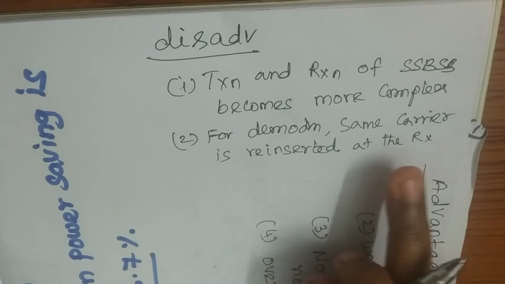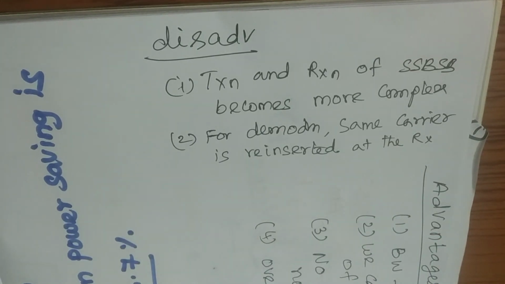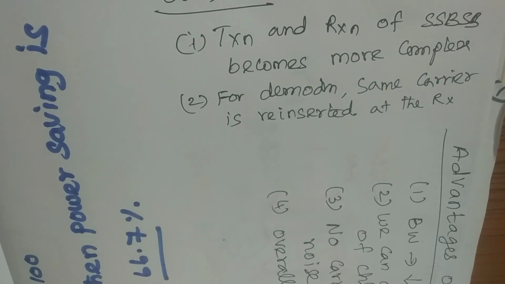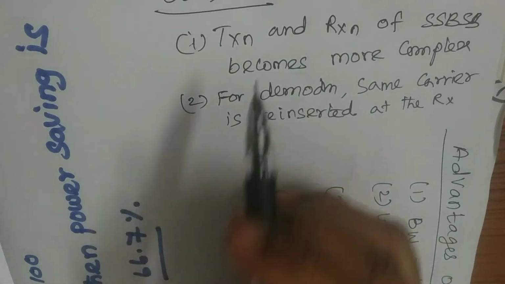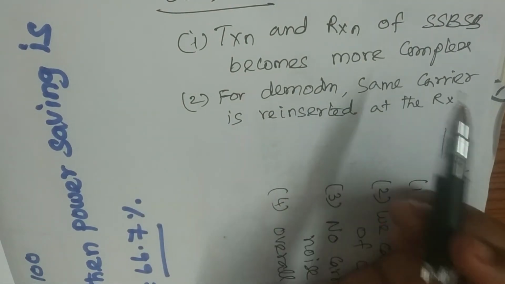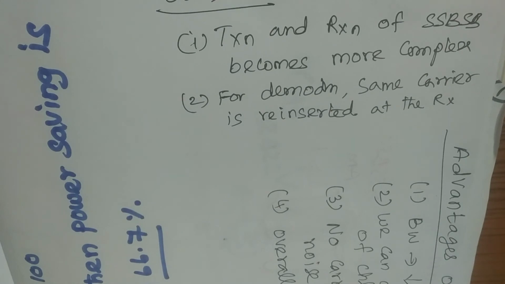Then designing and implementing the low pass filter is not easy for the circuit designer. So these are some of the drawbacks of SSB SC I have listed here.